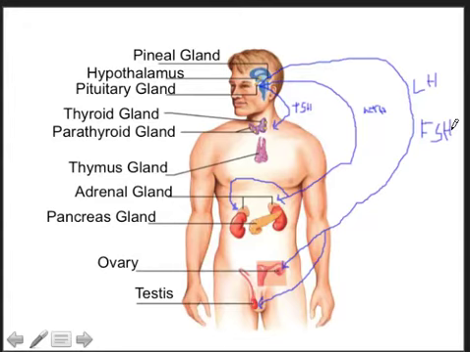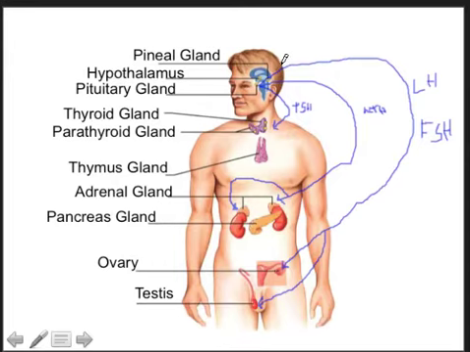And what they do is they stimulate the gonads to produce their hormones. In the case of the female, the ovaries produce estrogen and progesterone, and in the case of the male, the testes produce testosterone. So you can see here that these hormones are very important.